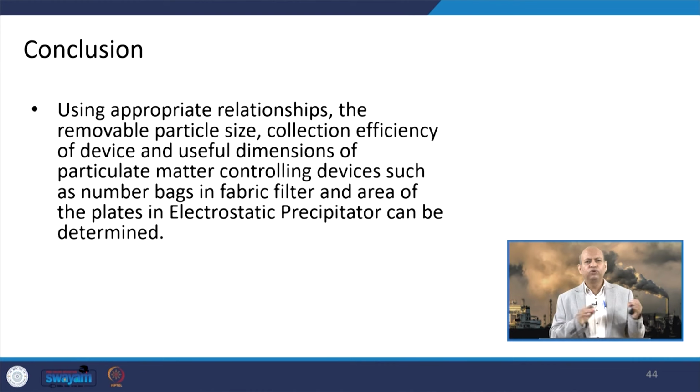You can play with those values and you can learn. This is the application of those relationships which are given for different parameters for a particular device, whether it is efficiency, the diameter of the particle to be removed, or the size of the device like the baghouse filter, number of plates required, surface area required. All these things you can estimate by using those kinds of relationships. This is just to give a feeling of how we calculate different parameters when we are given certain values.